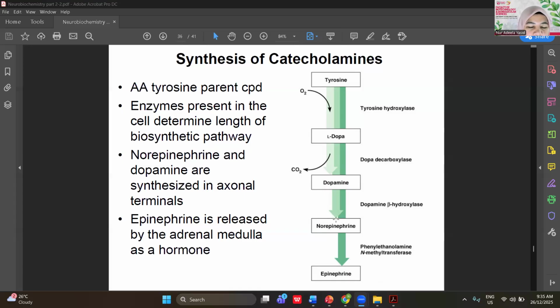Then phenylethanolamine N-methyltransferase converts norepinephrine into epinephrine. Dopamine and norepinephrine are synthesized in the axonal terminals of neurons, while epinephrine is primarily synthesized and released by the adrenal medulla as a hormone.